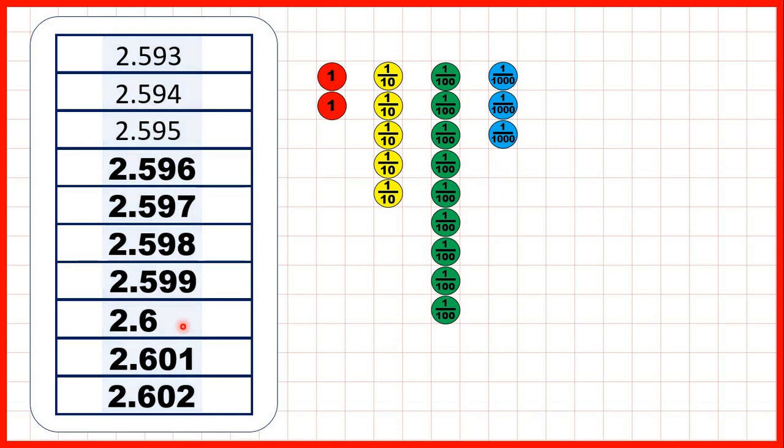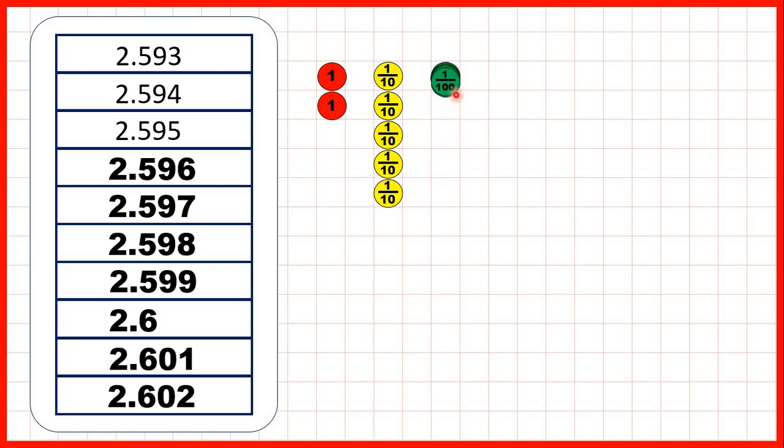2.601. And again, we can use place value counters to explain that. If we keep on counting in thousandths until we get 10/1000ths, we can exchange those 10/1000ths for 1/100th. But now, doing that means that we have 10/100ths counters, and 10/100ths is the same as 1/10th.